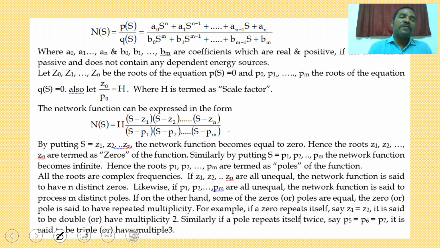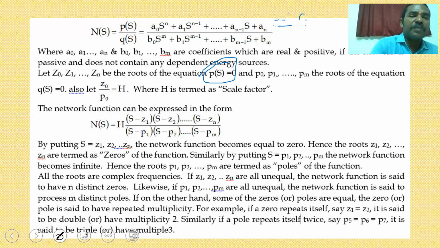Okay, so for finding the roots of the numerator, we have to substitute P of s equal to 0. By substituting P of s equal to 0, let us assume the roots z0, z1 and so on zn. Similarly, if you substitute Q of s equal to 0, the roots p0, p1 and so on pm are the roots of the equation.